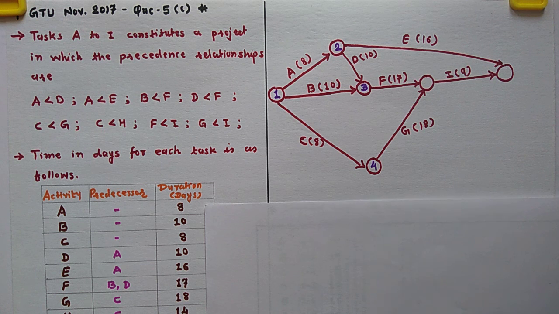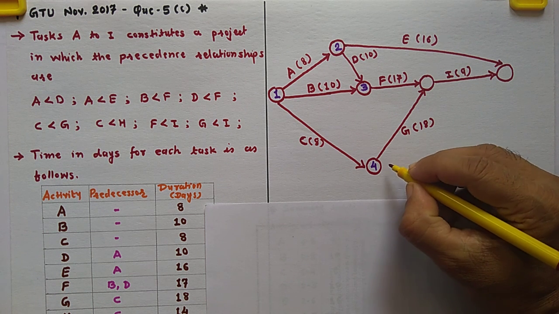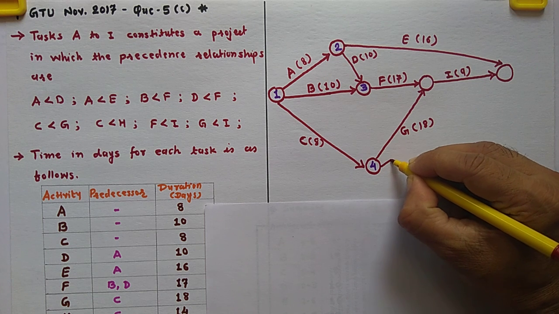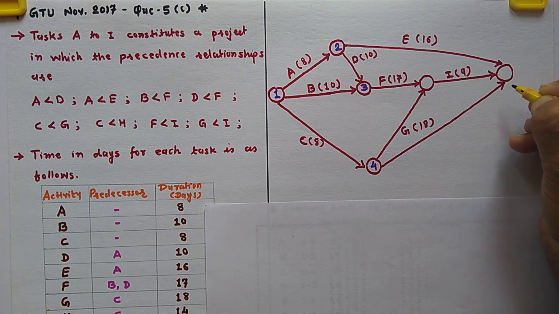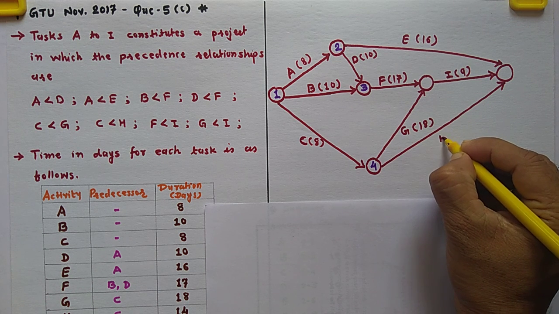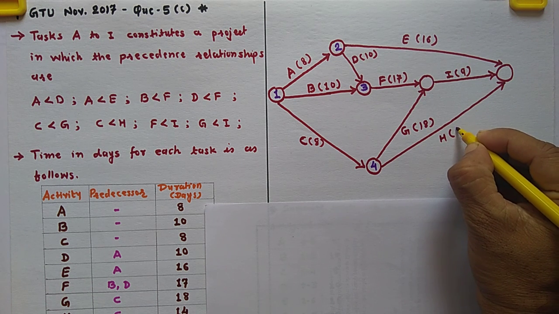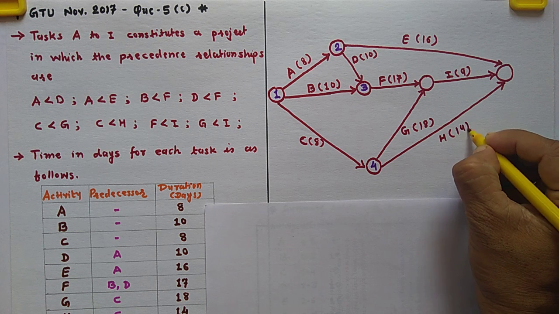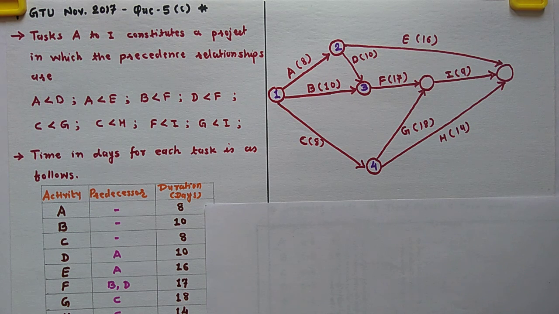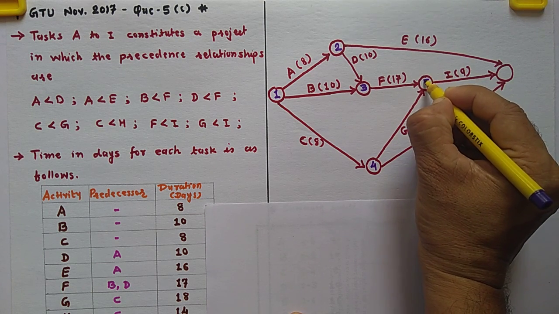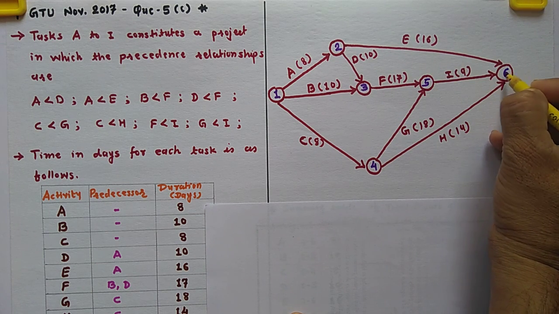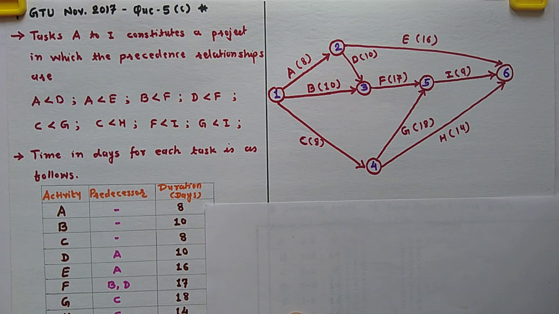Activity H, the predecessor is C, so it should not be separate, so it also finishes at the last event. This is activity H and the duration is 14. Now mention the remaining event numbers 1, 2, 3, 4, 5 and 6.